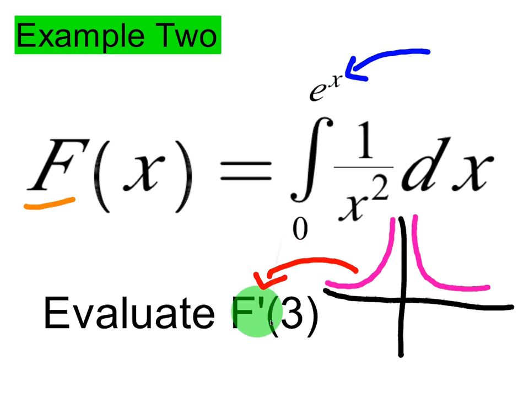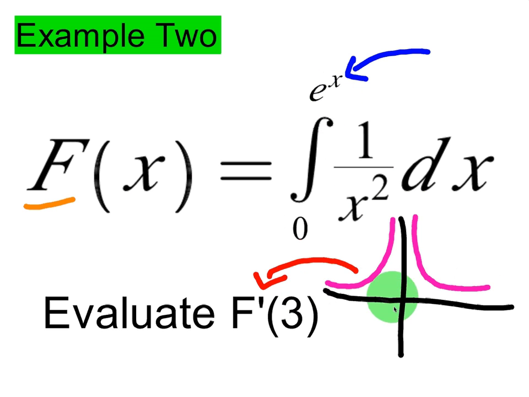Okay, so what this question is asking is, first of all, we're taking the derivative. So the rate in which the area under this curve is increasing as x increases, right? And then we're plugging in 3. So what this question is ultimately asking is, what is the rate of change of the area under this curve from 0 to e cubed at x equals 3.